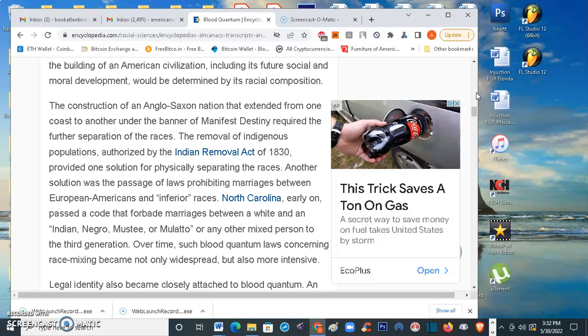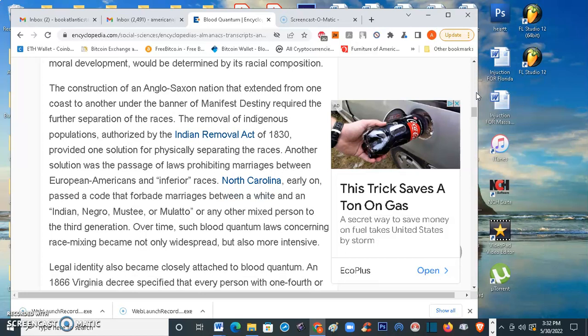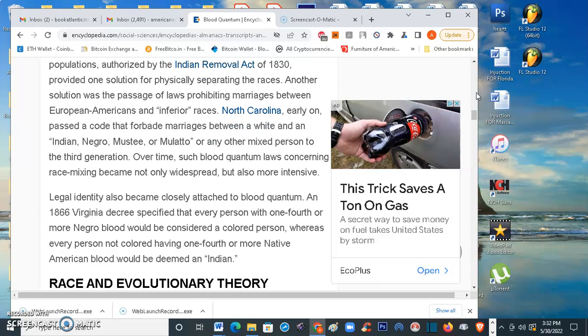Another solution was the passage of laws, this is a paper genocide, right? Prohibiting marriages between European Americans and inferior races. North Carolina early on passed a code that forbade marriages between white and Indian, Negro, Mustee, or Mulatto, or any other mixed person to the third generation. Over time, such blood quantum laws concerning race mixing became not only widespread, but also more intensive.